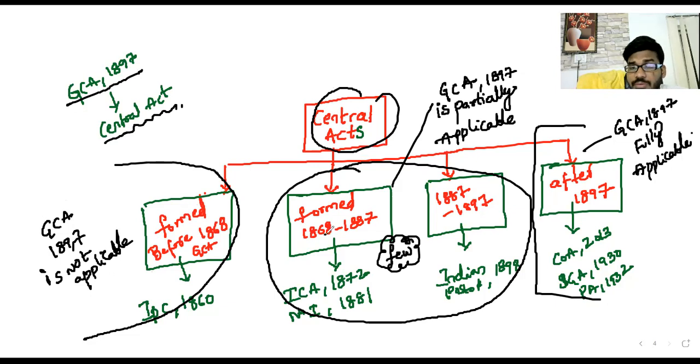For Central Acts formed between 1868 and 1887, and 1887 and 1897, it is applicable, but only partially. For acts framed after 1897, it is fully applicable. So for the Indian Contract Act and the Negotiable Instruments Act, GCA is only partially applicable. So this is the applicability, sir.